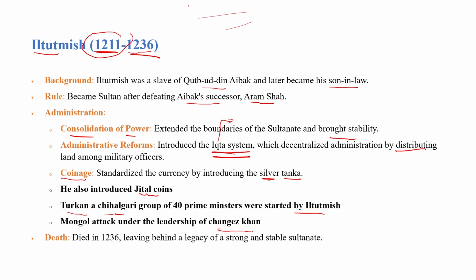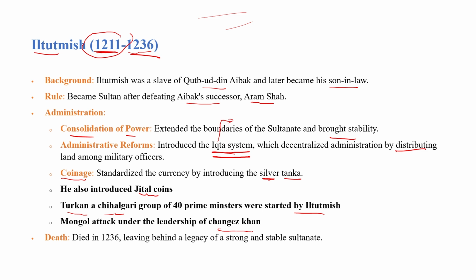And he also got a title known as Baghdad ka Khalifa, as the roots of Iltutmish belonged to Baghdad. So Qutbuddin Aibak was known as Lakh Baksh, and Iltutmish was known as Baghdad ka Khalifa. Clear?